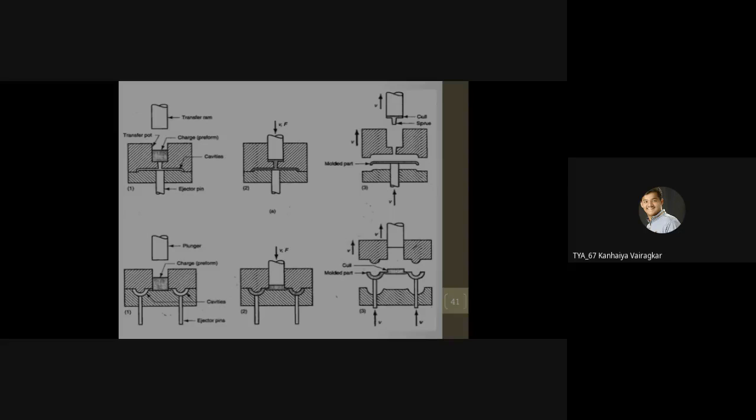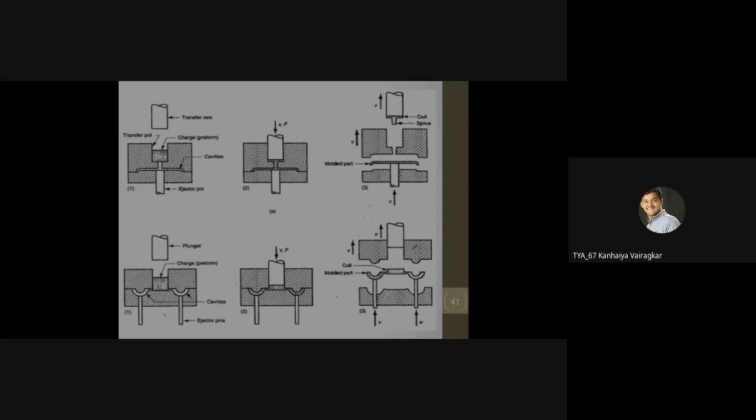Look at the second figure of the first section. The ram pushes the material from the transfer pot and fills the cavity, and in figure number 3 you get the molded part, pushed out from the bottom by the ejector pin.